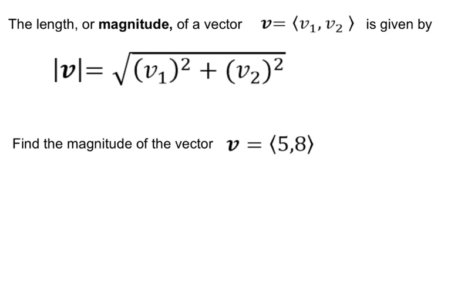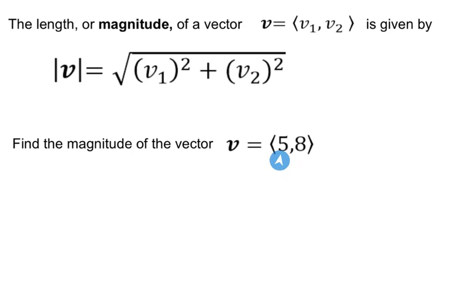It's essentially just the Pythagorean theorem. Remember, we indicate magnitude by using these two vertical bars. So the magnitude of the boldface vector V, and if I didn't have a boldface pen or type, I would put that vector notation above it, is going to be the square of the horizontal component plus the square of the vertical component, square rooted.